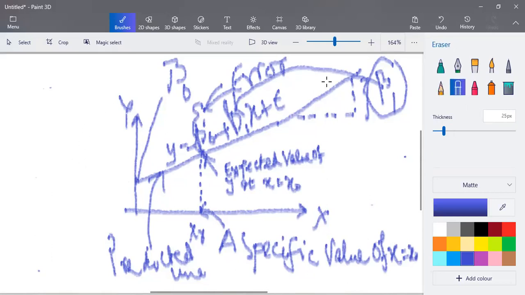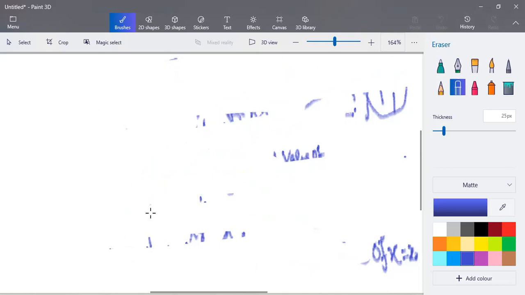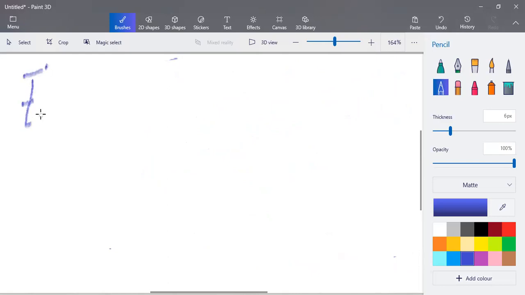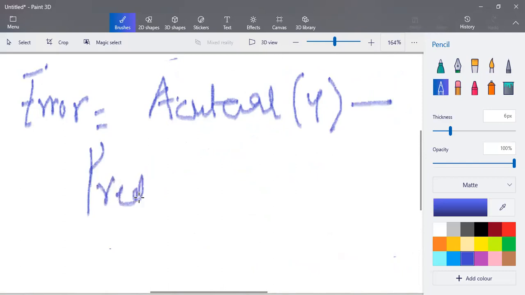Now how is the error calculated? For any model, the error is calculated by my actual value, that is the y, minus my predicted value, that is the predictor, actual minus predictor, that is our x, right?